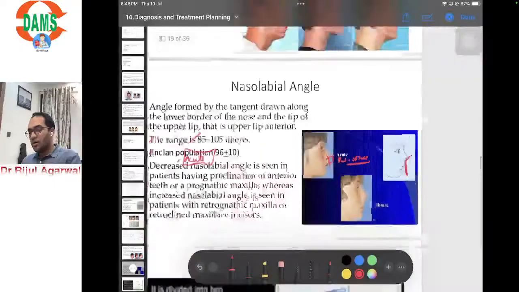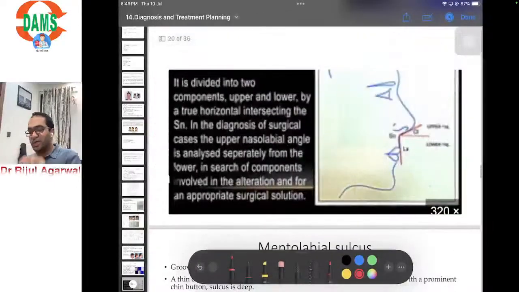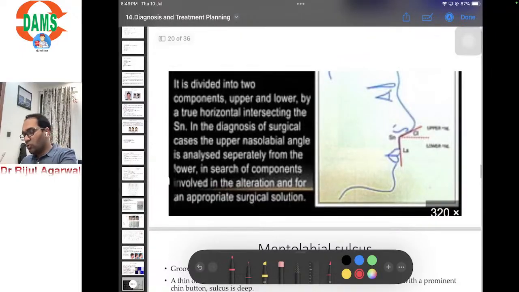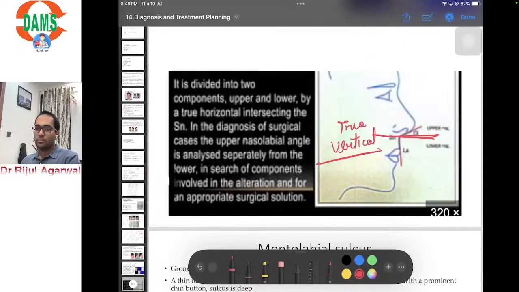So henceforth, we orthodontists came up with this concept of upper and lower nasolabial angle in cases where the upper lip is upturned, so as to obtain an appropriate solution for our planning. What we do is we draw a true vertical bisecting the subnasal angle, like this, and we obtain upper nasolabial angle and lower nasolabial angle.